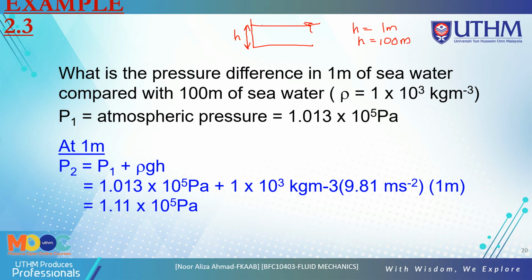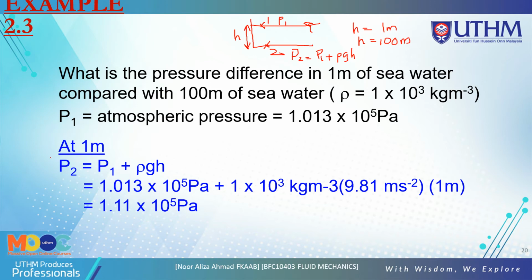This is at point 1 and you want to find point 2, based on this depth of water. You must put P1 here and P2 here. To get P1, P1 is P atmosphere, because the water is open to the atmosphere. To get P2, you must know that P1 plus the gauge pressure in this seawater, so you get rho gH.